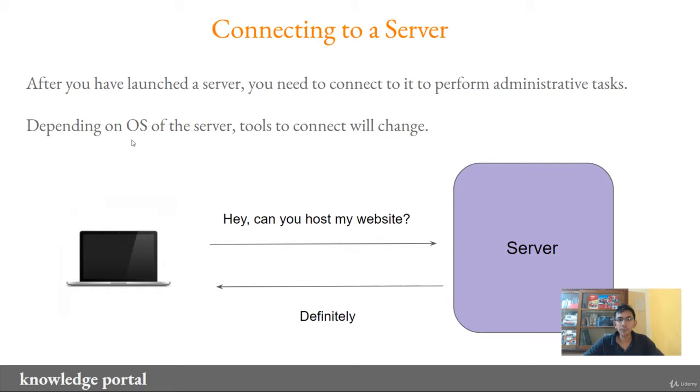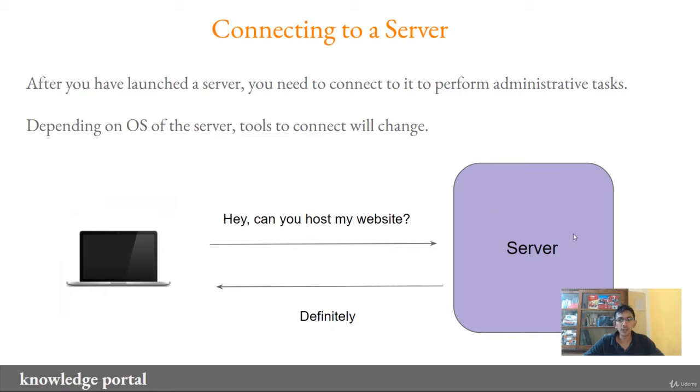Depending upon the operating system of the server, the tools that you need to connect with the server will change accordingly. Since in this diagram the laptop as well as the server are able to successfully intercommunicate, that means the laptop has all the required tools to communicate with the server.